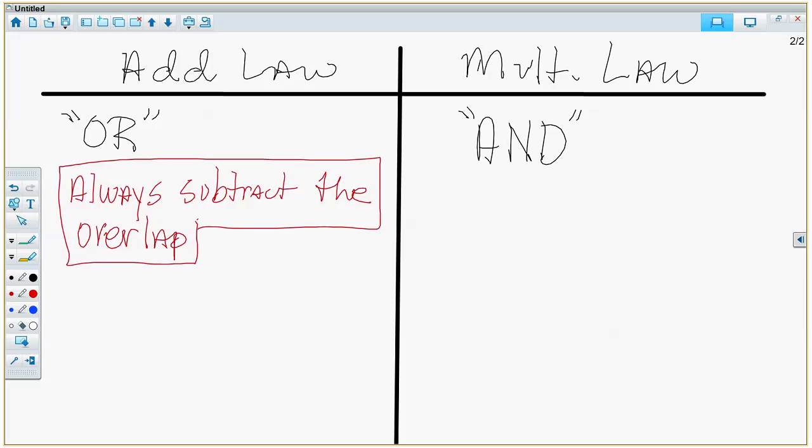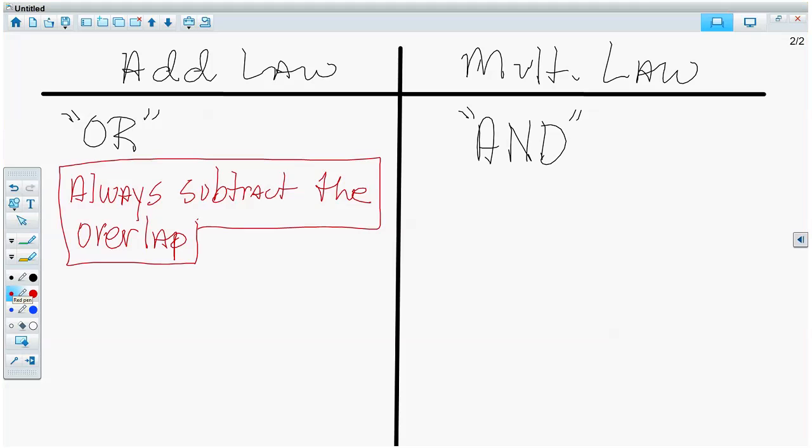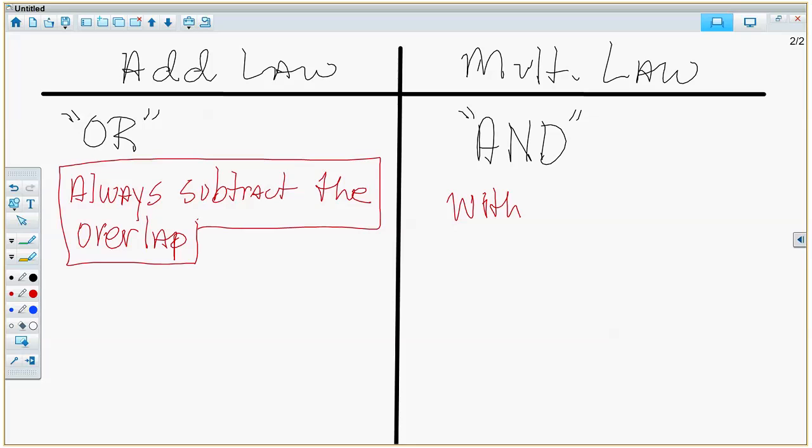Okay, what is the probability of blank and blank? The only thing you've got to remember on this guy is with replacement or without replacement.